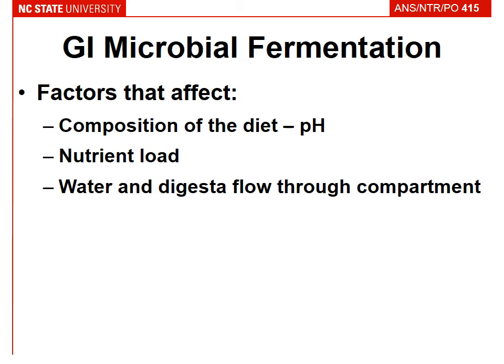We also have the nutrient load. So how nutritious is the food or feed that the animal is consuming. And then we have the amount of water and digesta flow through the compartments is also altering the microbial fermentation.